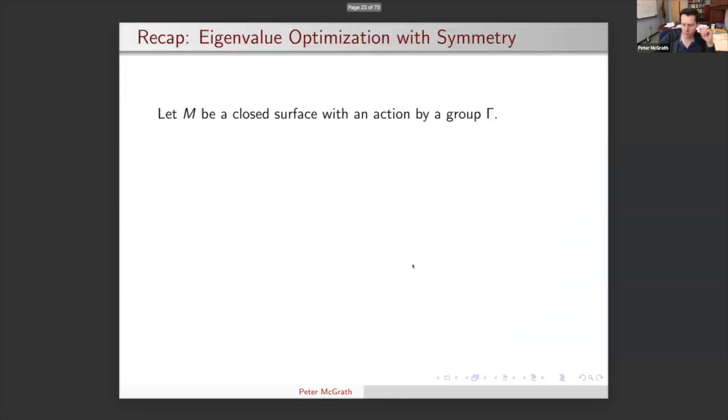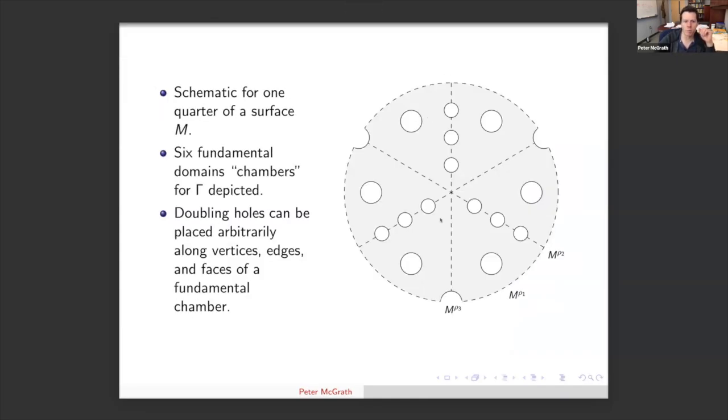Here I have another cartoon picture, which tries to articulate the same thing I just described. This is a picture of 1/4 of a surface M with, I think, a dihedral cross Z2 symmetry group. So 1/4 of the surface is pictured here, but this 1/4 of the surface already has 6 fundamental domains: 1, 2, 3, 4, 5, 6.